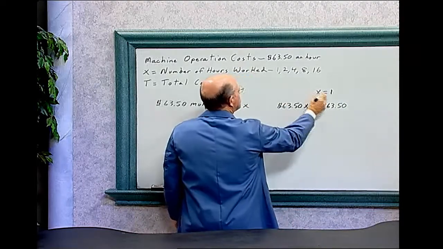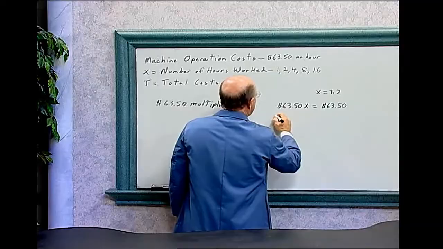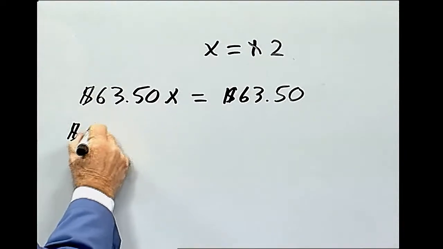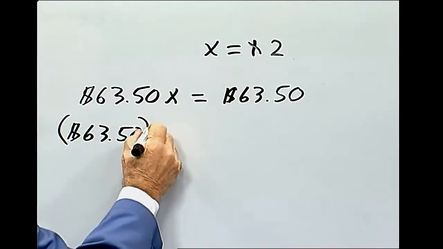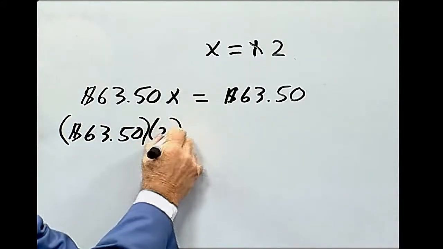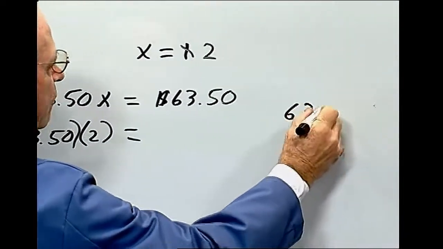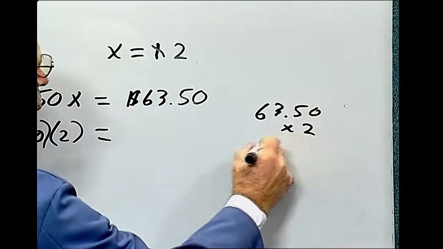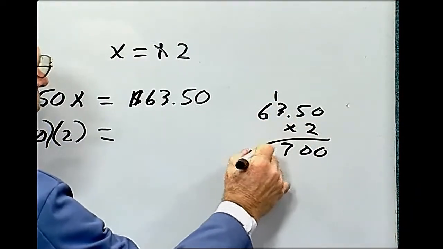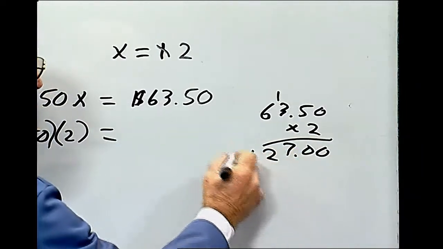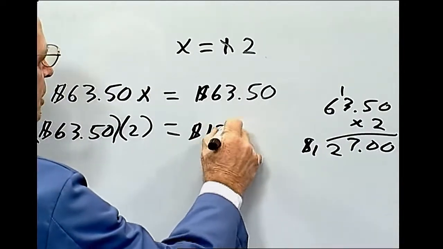Now if x is 2, we're going to use 2. That will be $63.50, we'll put that in brackets, multiplied by 2 equals, and that would be 63.50 times 2. So it'll be $127. So that will equal $127.